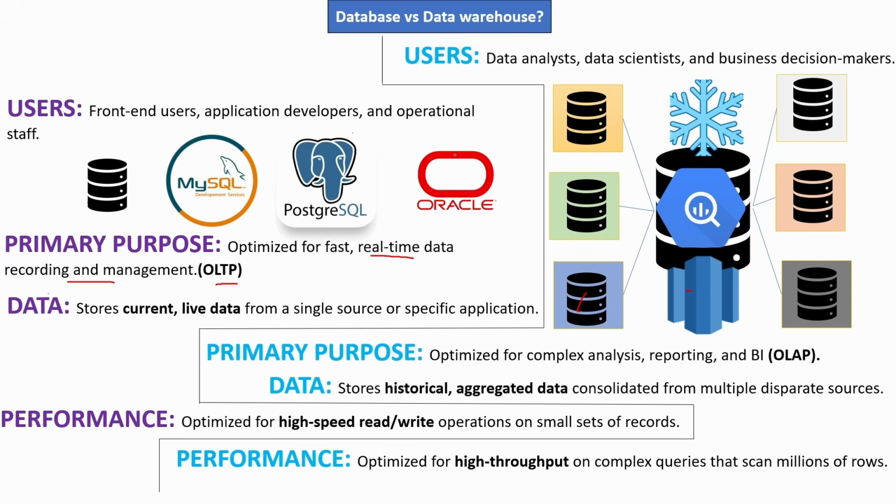Now we know what a database is, what a data warehouse is, and what problem the data warehouse solved for us. Next we will cover another important topic from the interview perspective, which we were already touching on: OLTP and OLAP systems, the difference between OLAP and OLTP.